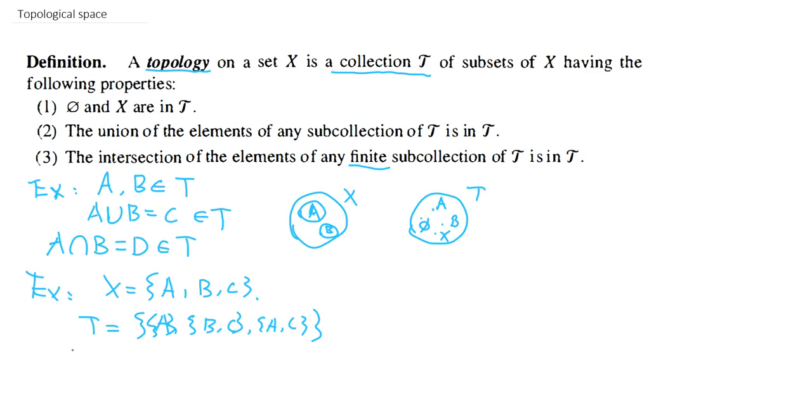And so what we can do is modify this T by adding those two elements to it, and we call it T prime. We put the empty set in it, and the entire set in it, and repeat the previous elements.